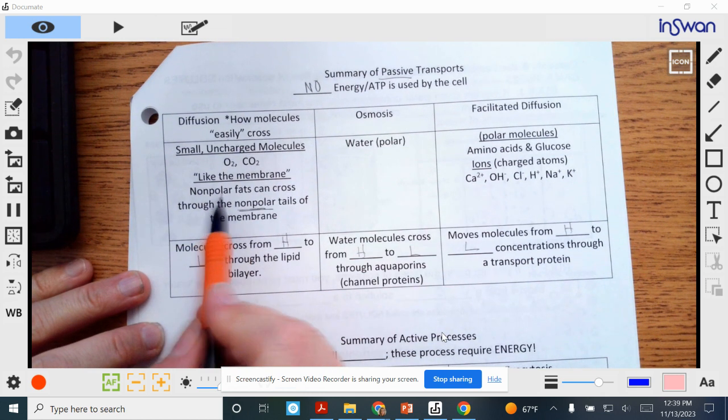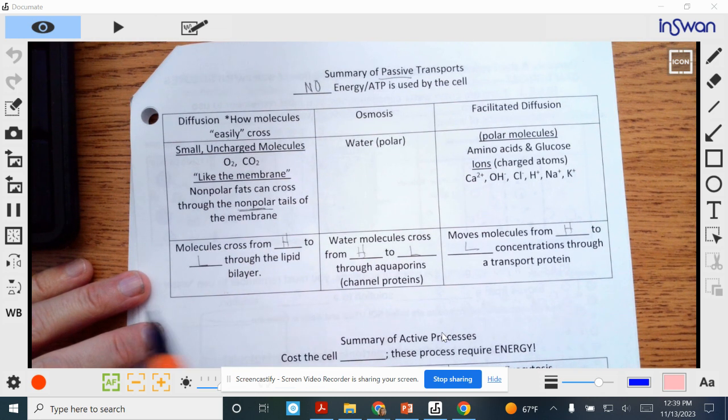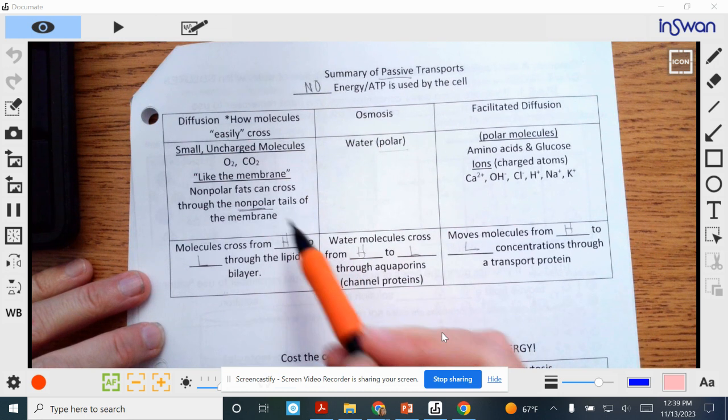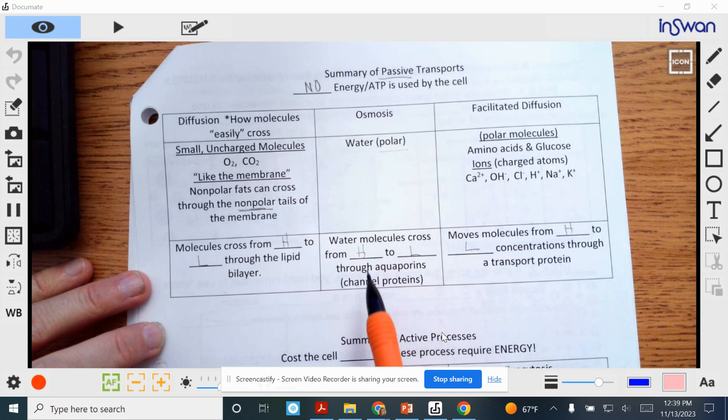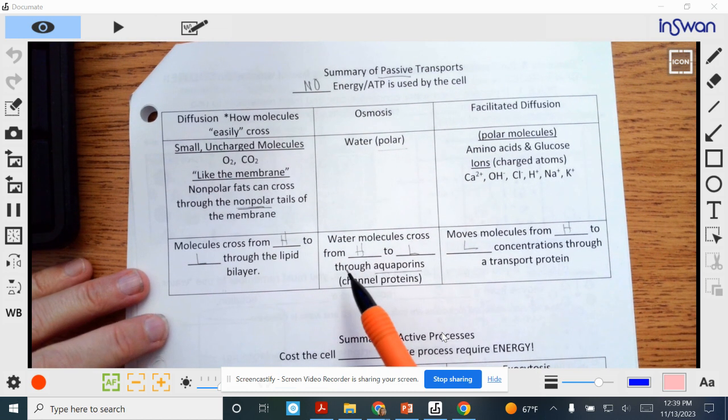Nonpolar will let nonpolar molecules cross. Remember, a teacher will let a teacher into the building, okay? Water's polar, so it can't go through those phospholipids. It's going to have to go through a transport protein. If you remember, that's called an aquaporin. Moving from high to low concentrations, that's osmosis.